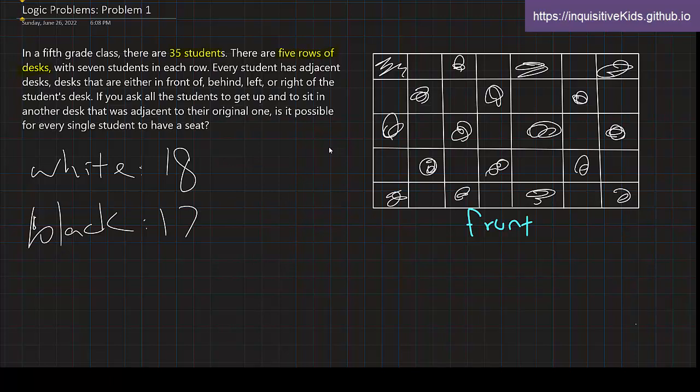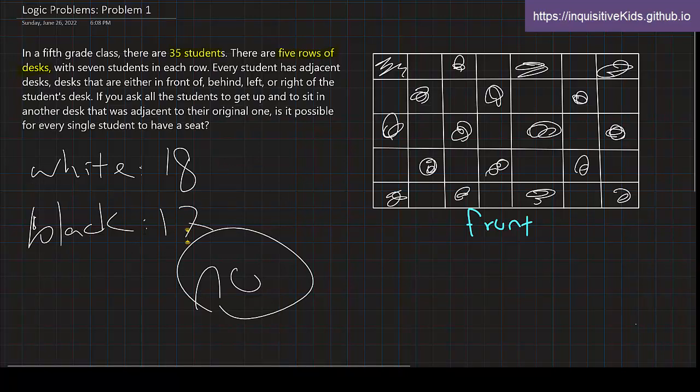Well, how many students are sitting in a white desk? 18. And there are not enough black desks for them to switch into because there's only 17. So is it possible for every single student to have a seat? The answer is no, because there are not enough white desks and black desks. Black desks are only 17 and white desks are only 18.